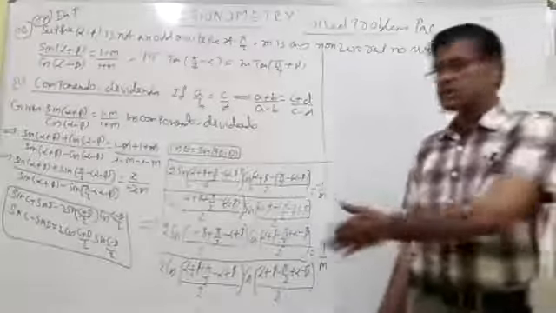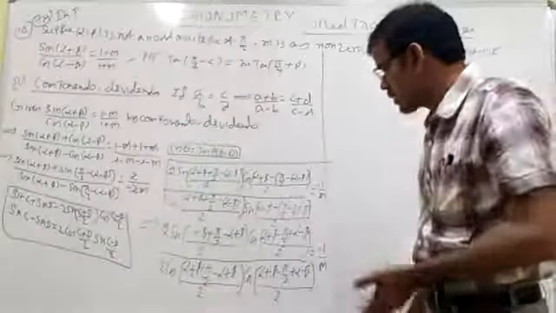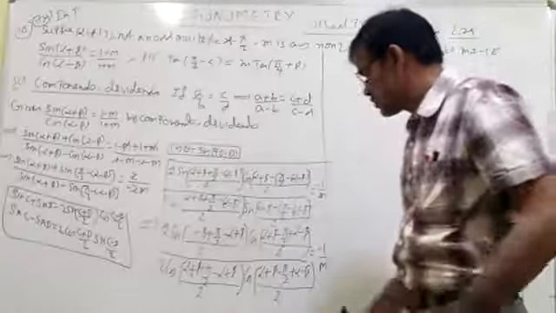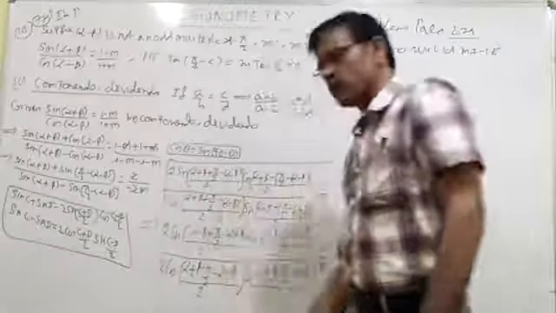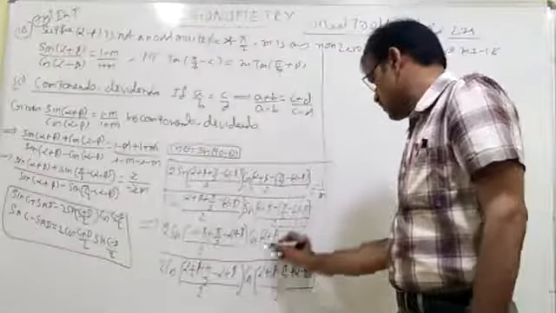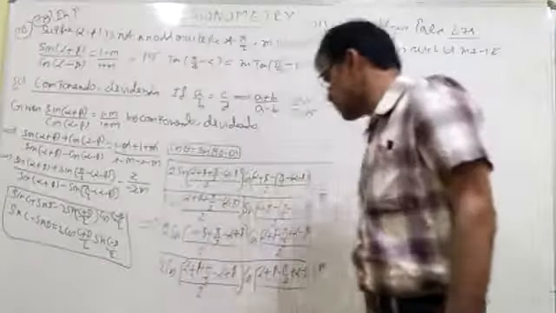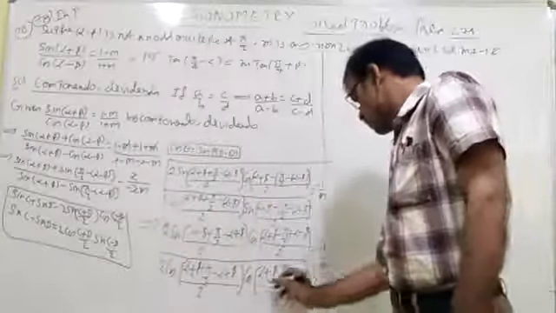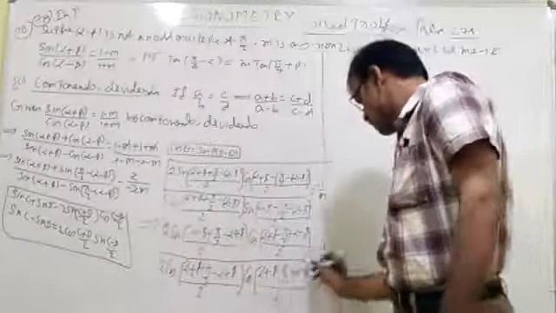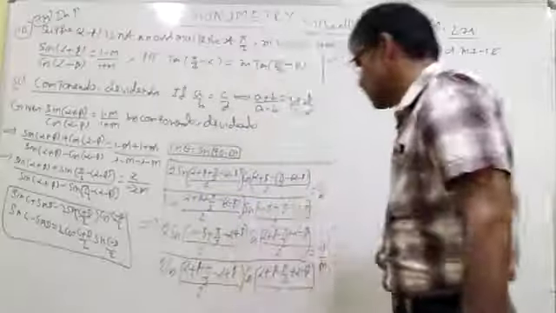Now, if there are any terms that get cancelled, you should cancel them. Alpha and minus alpha got cancelled, and here beta and minus beta got cancelled. In the similar way, in the denominator also alpha minus alpha got cancelled, and here beta minus beta got cancelled. That implies, of course, 2 and 2 also get cancelled.